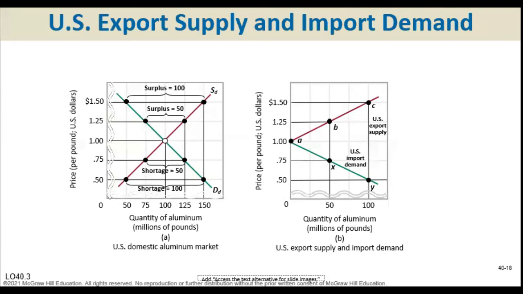So, US export supply and import demand. Let's see the illustration with these two graphs over here. So we see the effect of differences between the world price and the domestic equilibrium price.